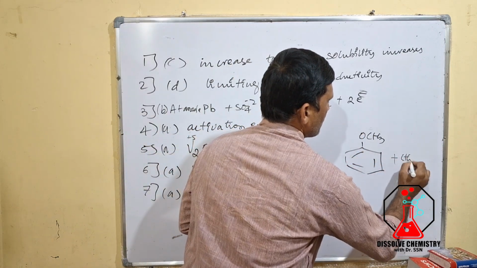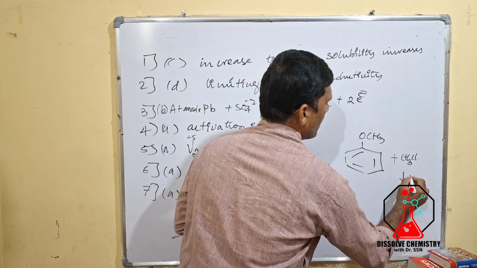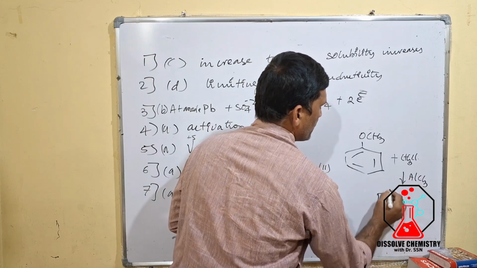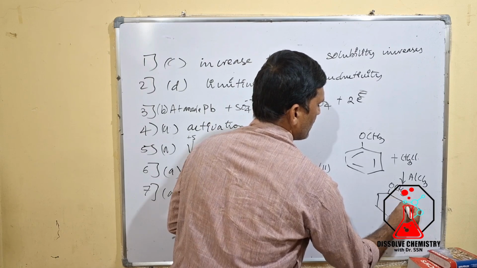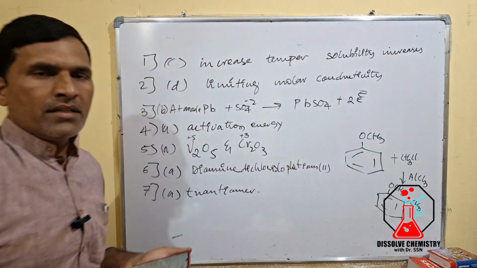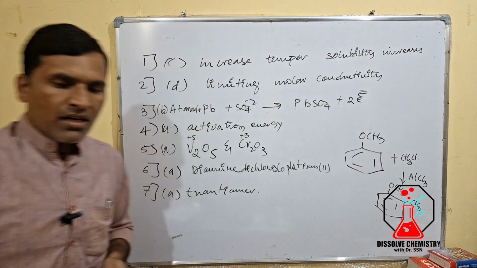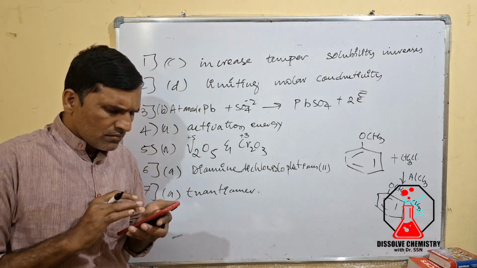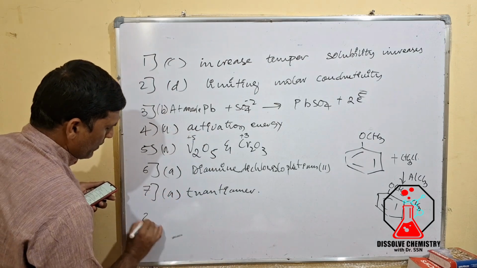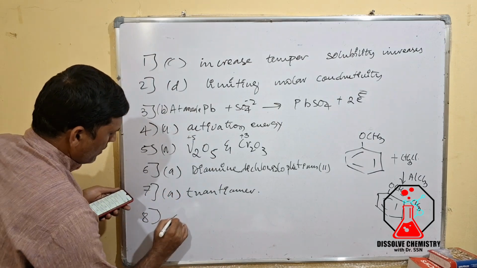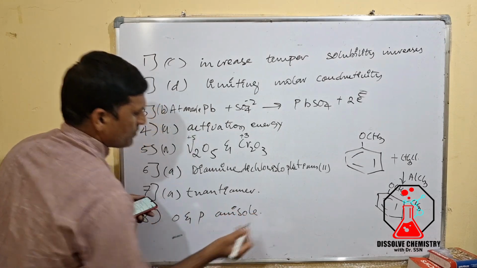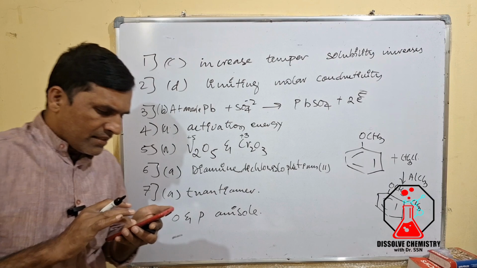So in presence of the catalyst AlCl3, it is going to form ortho and para substituted derivatives, OCH3 and CH3, ortho and para anisole we are going to get, and your answer is option C, ortho and para anisole.